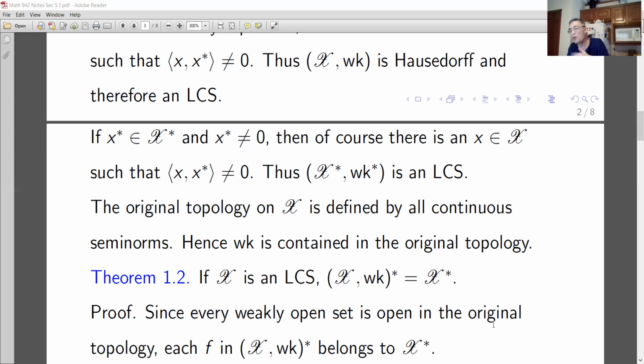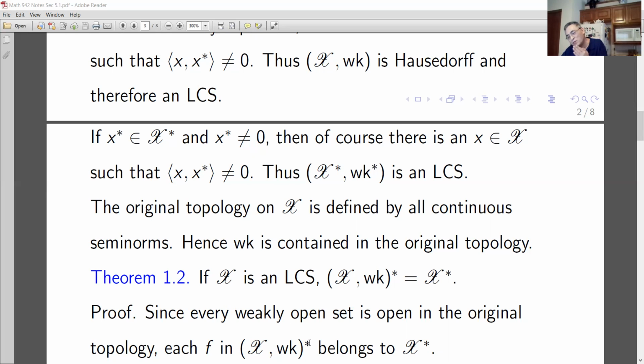If a linear functional is continuous with the weak topology, then it must be continuous with the original topology.